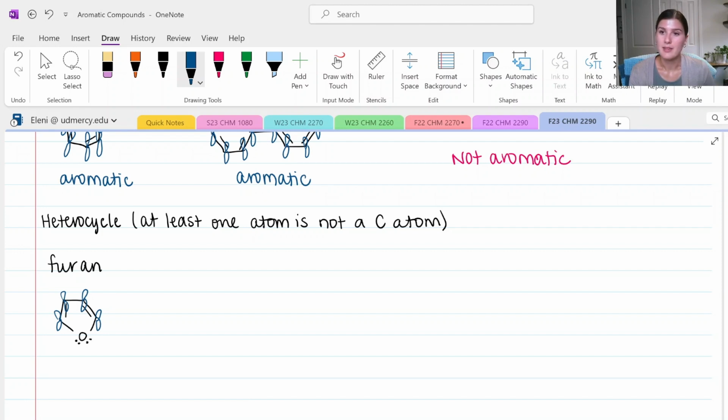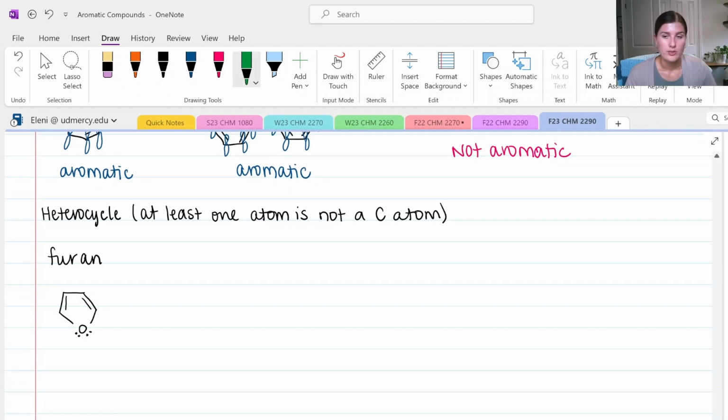But that might not be the case if we consider resonance and whether that oxygen can create a double bond. So I'm going to erase these p orbitals. So let's start with the oxygen non-bonding electrons. Those can resonate to create a pi bond between the oxygen and a neighboring carbon.